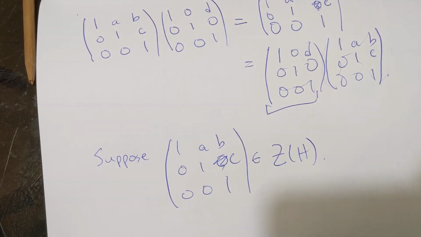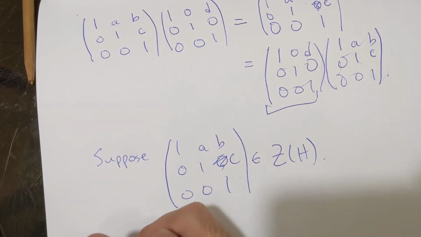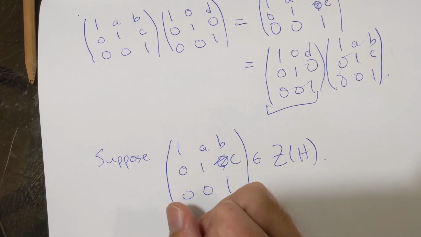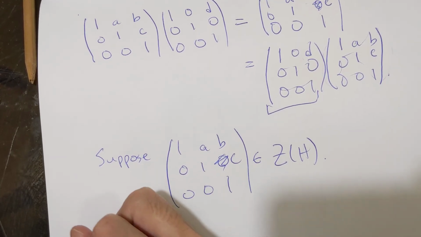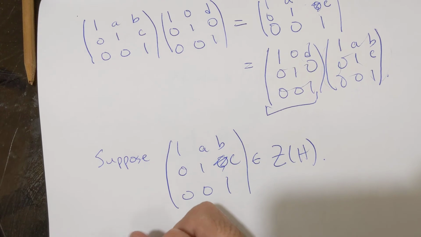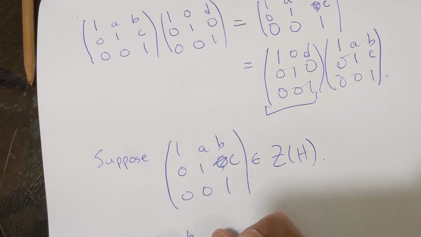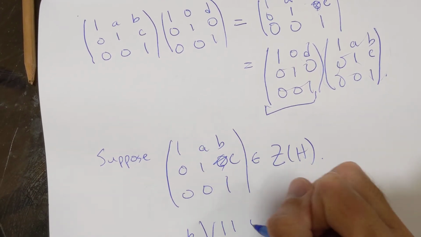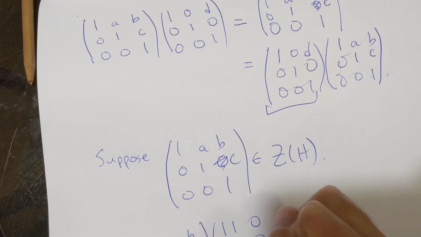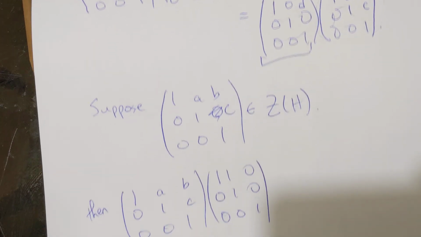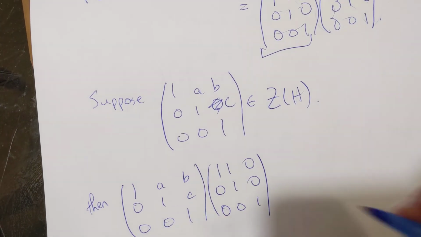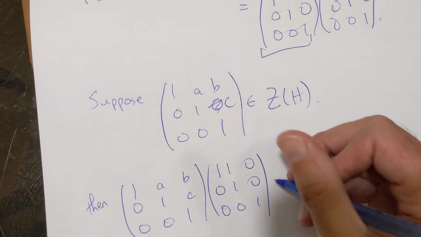I'll just choose a simple one. So when I compute this product and I compute it in the reverse order, it should be the same, right?